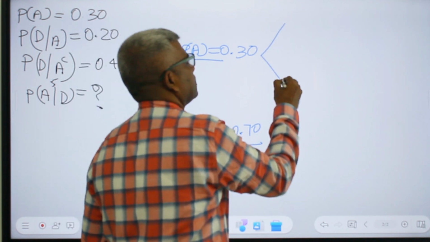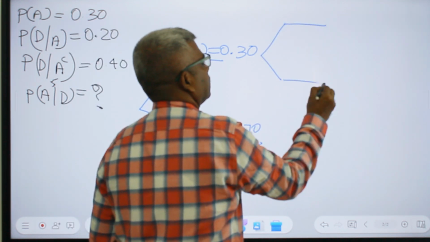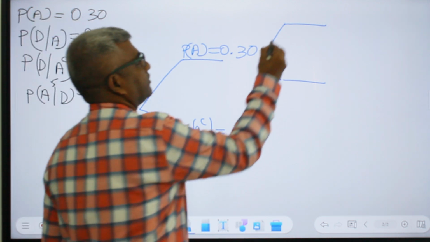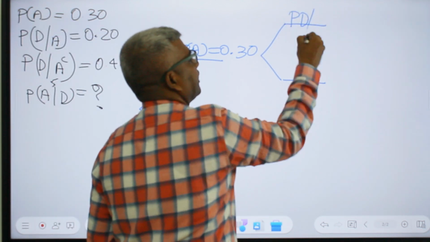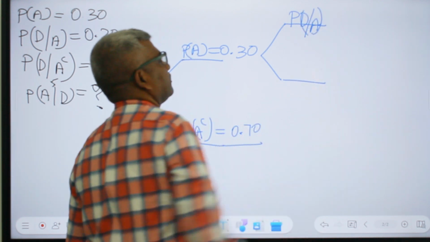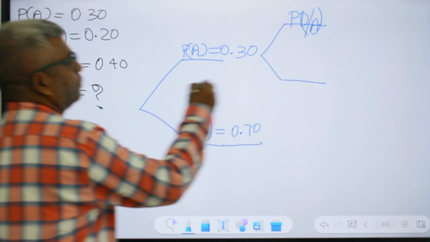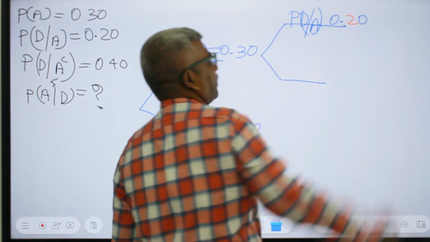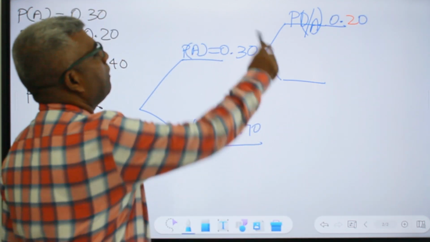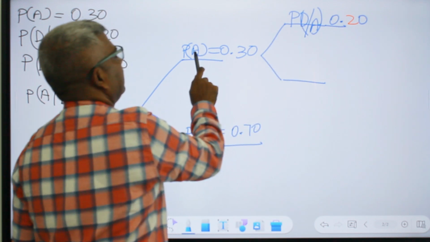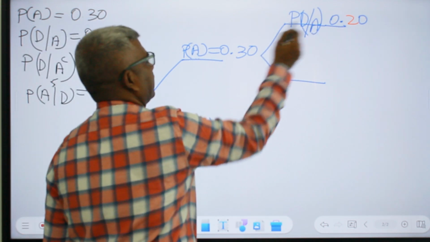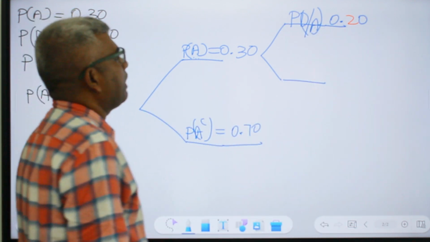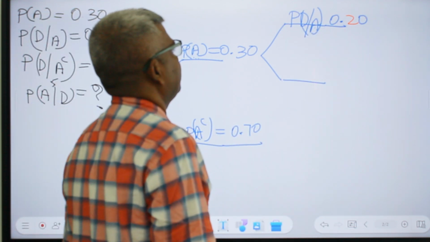Next, probability of D given A is 0.2. Students used to get confused with A bar D like that. Okay, here probability of A will come in the denominator. So probability of D given A is 0.2.